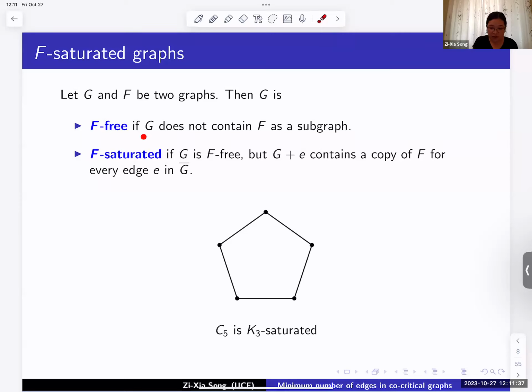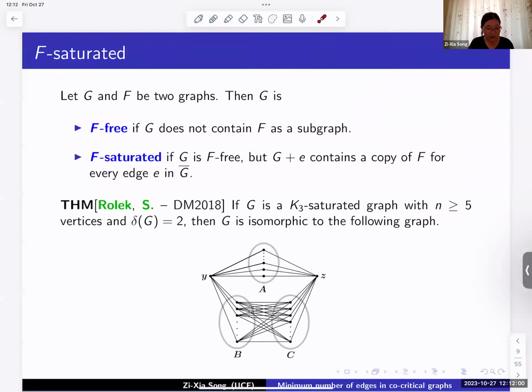It means G does not contain F as a subgraph. But if you add any missing edge to my graph G, it will contain a copy of F. For example, C5 doesn't have a triangle, but if you add any missing edge, you will have a triangle. So C5 is K3 saturated.